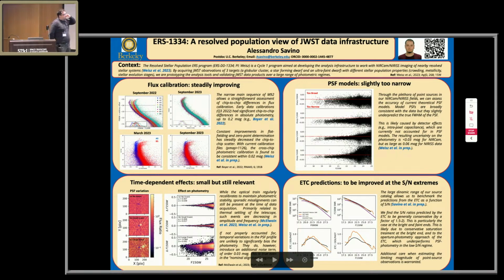And again, this is an effect which is of the order of 2 or 3% for NIRCam, depending on the filter. It's a bit more relevant for NIRISS, and this is probably due to the different plate scale of the detector. We're still looking into why this happens at the bright end. It might be a mix of saturation and other effects, but we think that especially on the low signal to noise side, this is probably due to the photometric extraction strategy that ECC employs, which is aperture photometry, and it's known, also looking at experience with HST, to be underperforming compared to PSF photometry.